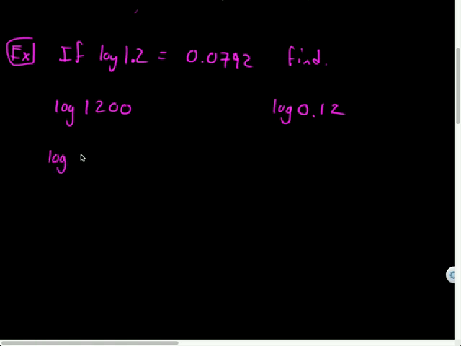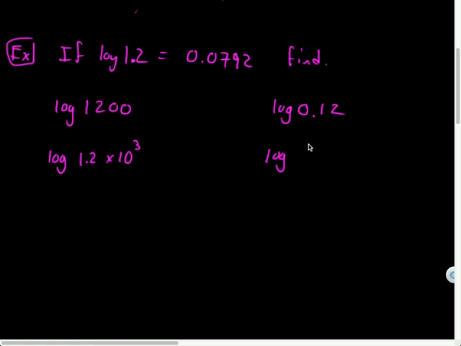So 1200 is the same as 1.2 times 10 to the what power? How many decimal places would I have to shift it over? Total of 3, so 10 to the third, right?